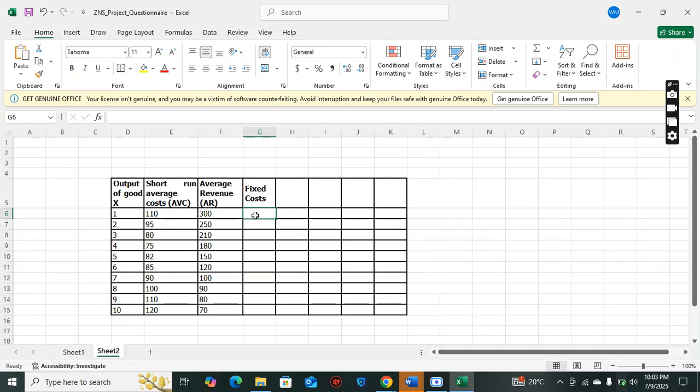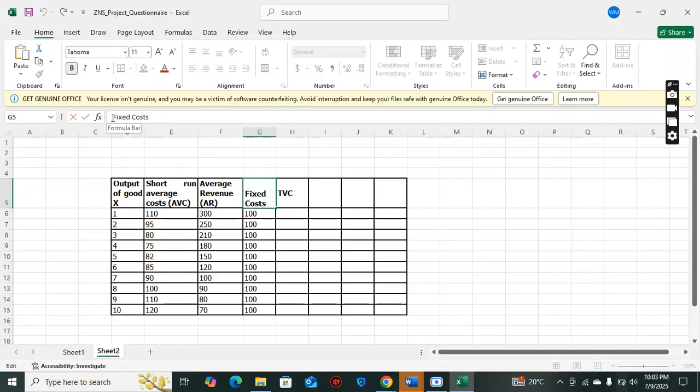Fixed cost is 100 kwacha. All right. We need to first find our total variable costs, TVC. So this fixed cost we'll say total fixed costs, okay, TFC.